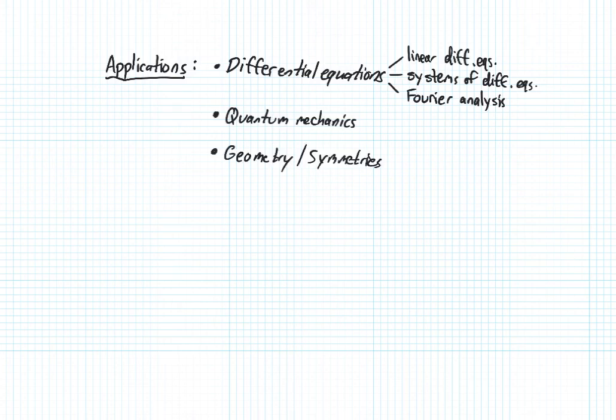Linear algebra comes up in geometry. This is another thing where it comes up in a lot of different ways, but one way is that it gives you some language for studying symmetries. If you have something like a cube and you want to talk about the different ways that you can rotate the cube so that it looks the same after you rotate it, you can describe those rotations by linear systems.